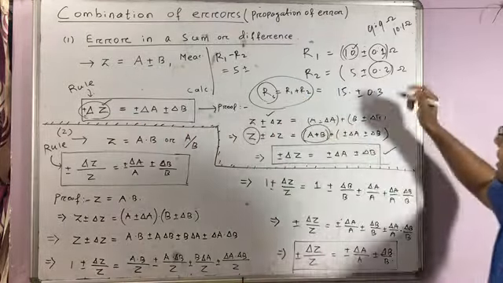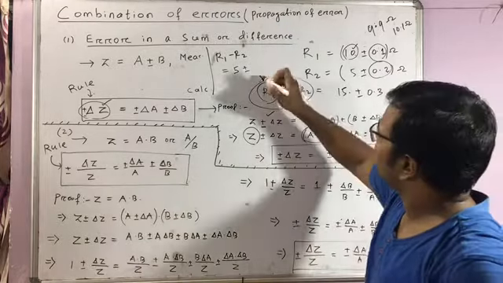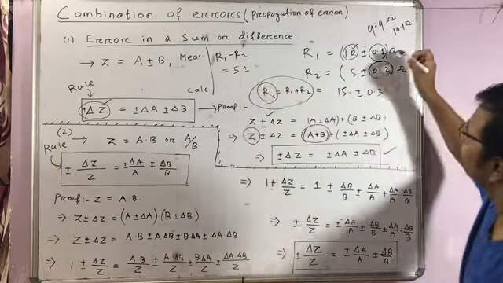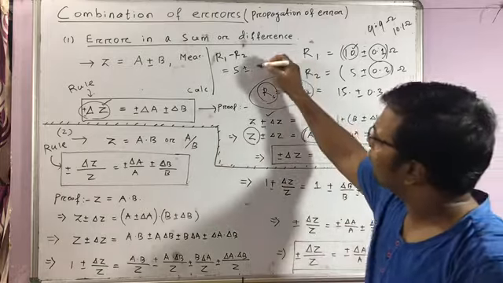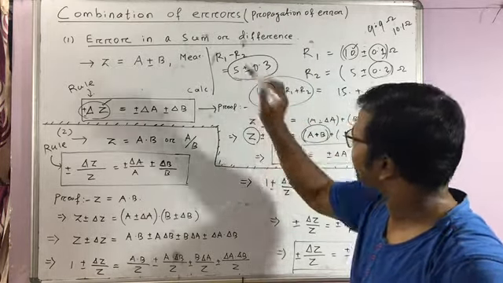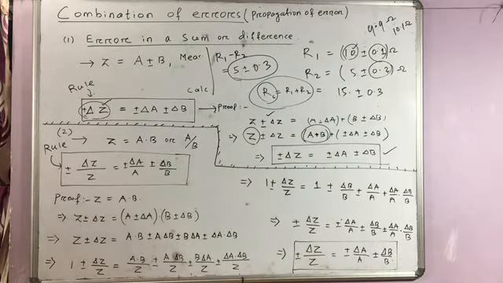The total absolute error is the sum of absolute errors in both the two cases. So the difference, the true value is 10 minus 5, which is 5, plus or minus. Here the error is 0.1 and here the error is 0.2. So the total error will be 0.3. So this will be your reported result. So that will be the case of error in a sum or a difference.